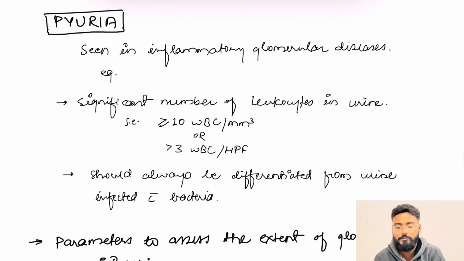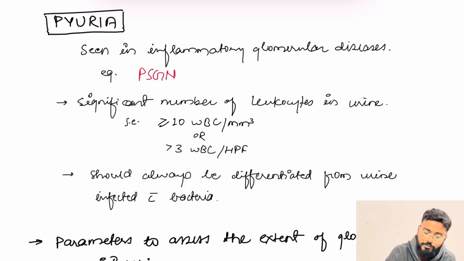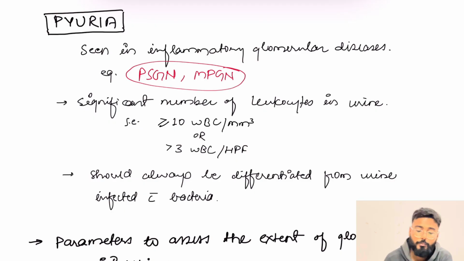Now pyuria is seen in case of inflammation. Whenever there is inflammation, there will be pyuria, and it is seen in case of PSGN, that is post streptococcal glomerulonephritis, and MPGN, that is membranoproliferative glomerulonephritis. What is the significant number of leukocytes in urine so that you can say it is pyuria?